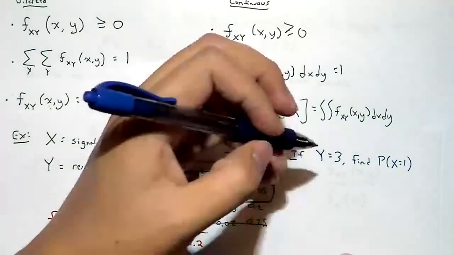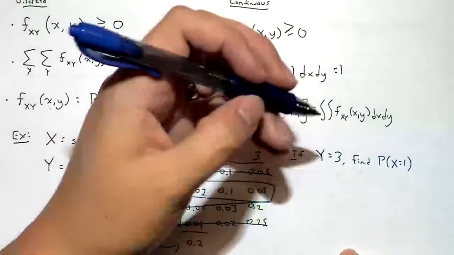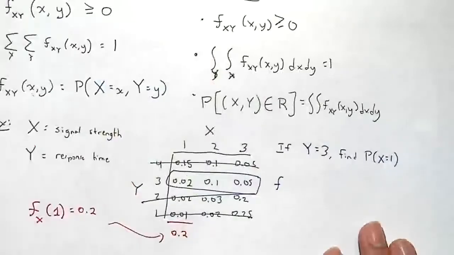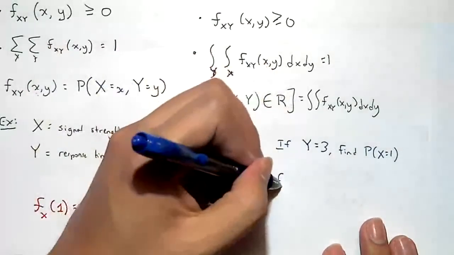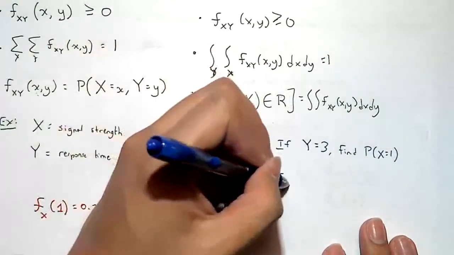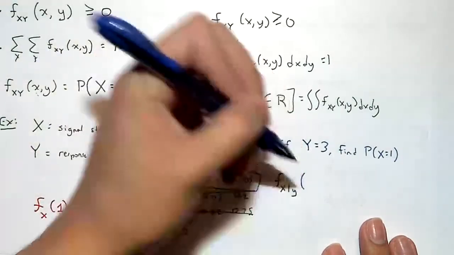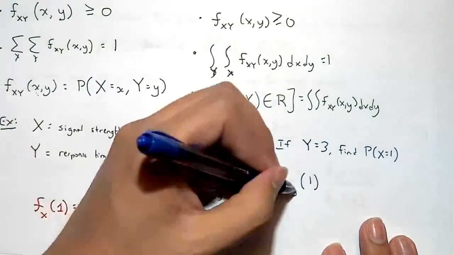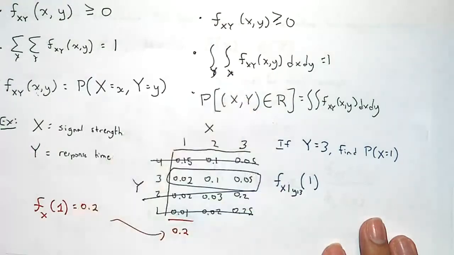So what we have to do is find the marginal or conditional probability of my variable x given a variable y, where my variable x is equal to 1. In this case, my variable y is equal to 3.